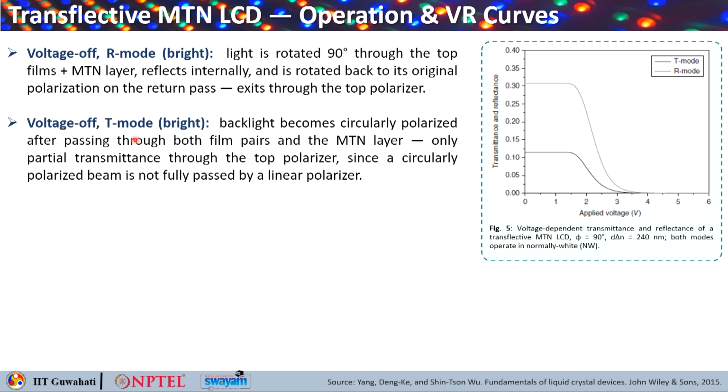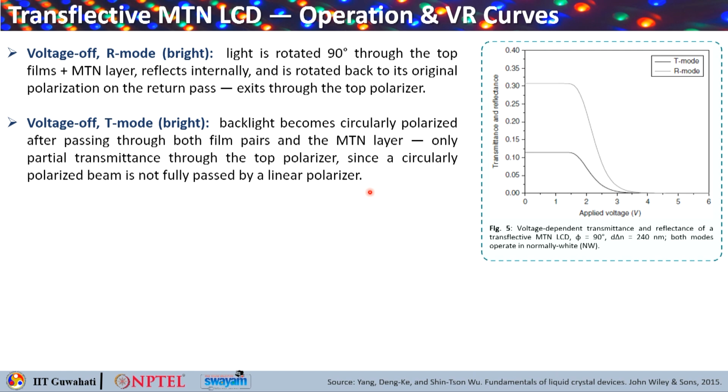Now for the transmission mode, the light is coming from the backlight, and when the voltage is not applied, because of the half-wave, quarter-wave and the polarizer, the backlight becomes circularly polarized after passing through both film pairs and the MTN layer.